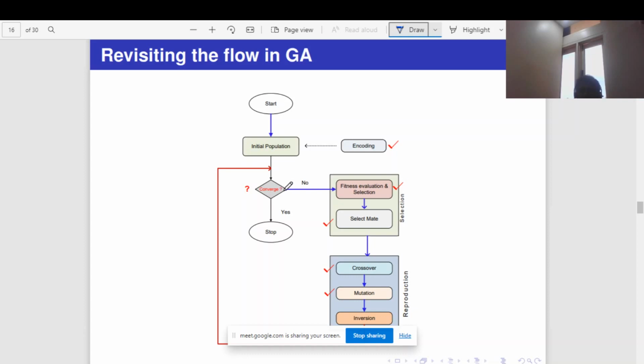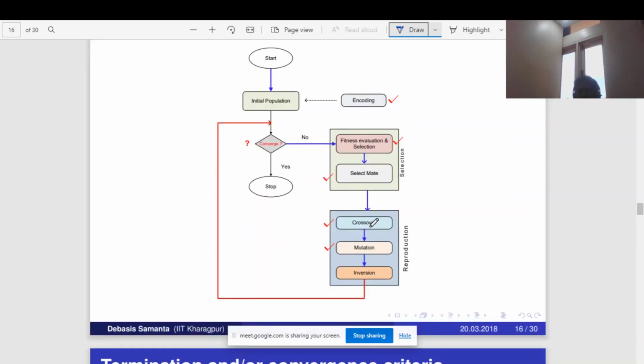If it is not converged, then we perform the fitness evaluation for each individual in the population, that is, for each possible solution, and then we identify the mating pool, and then we perform crossover, mutation, inversion, all these things. And again, from the new set of population, from the new offspring which we have generated, we will identify the best individual and check whether the problem has converged or not. If it is not converged, again repeat all these processes, right?